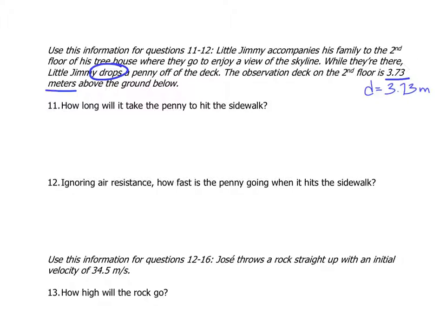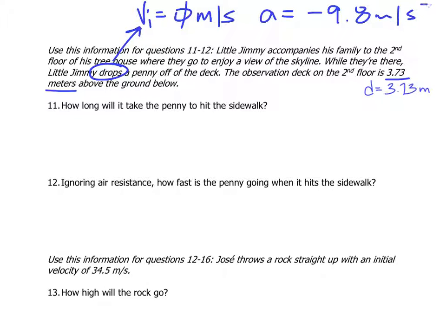So this penny is being dropped, which tells me two things. One, anything that's being dropped starts off at rest, so its initial velocity is 0. And if it's dropped, that means that something is pulling it down, and that something is the acceleration of gravity, which is negative 9.8 meters per second squared.